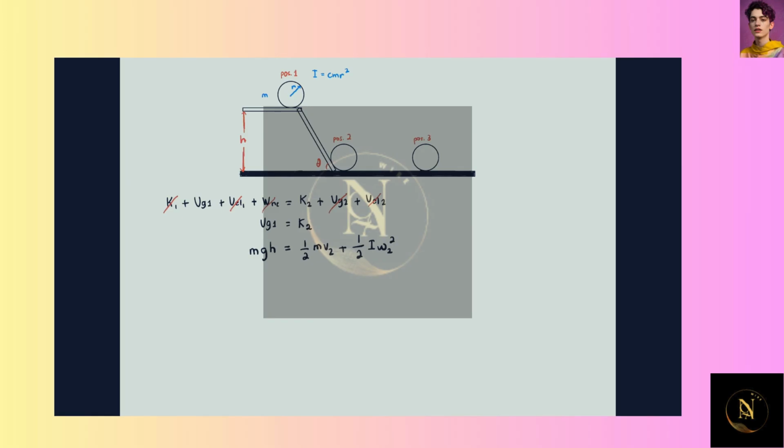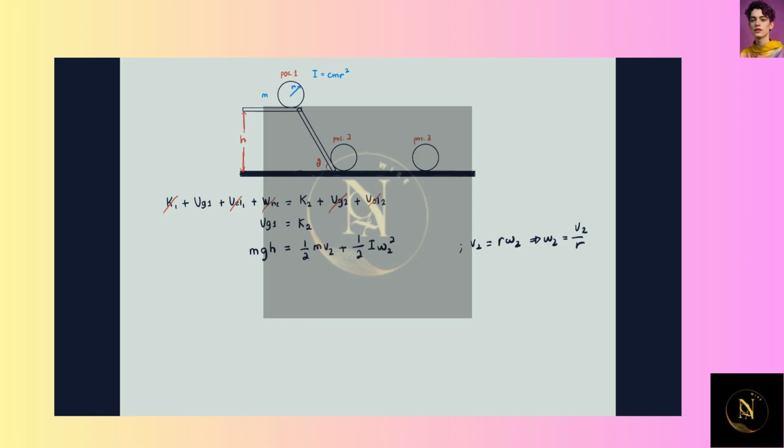As we know, the linear velocity can be expressed in terms of r and omega, so v2 equals r omega sub 2, and from there omega equals v2 over r.